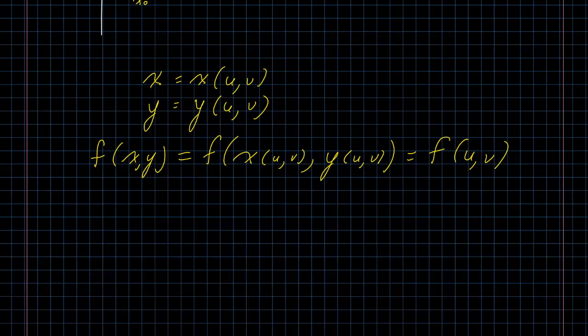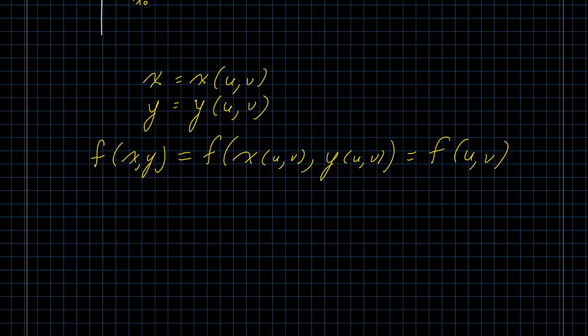Well, this setup is basically the same thing that we had in our path derivatives. If I wanted to take the derivative of f with respect to t, where x and y were both functions of t, I used a chain rule.